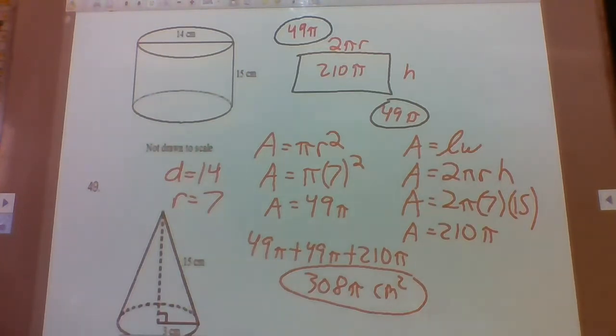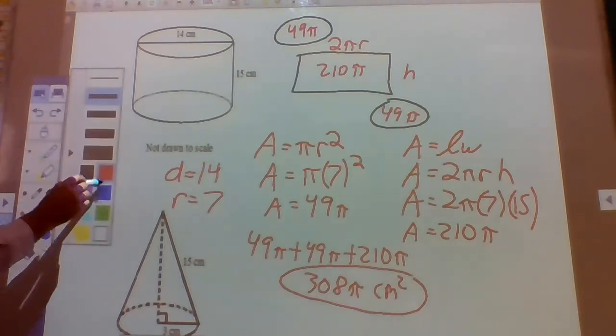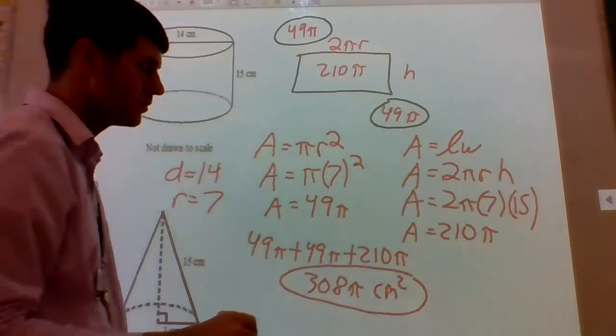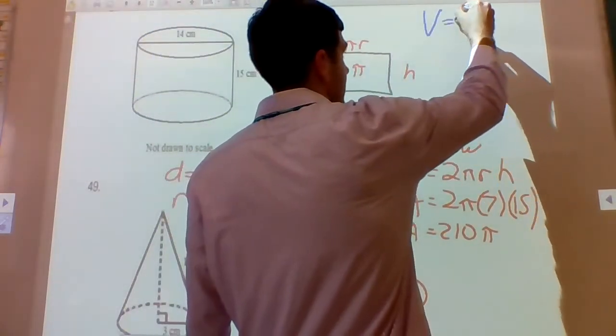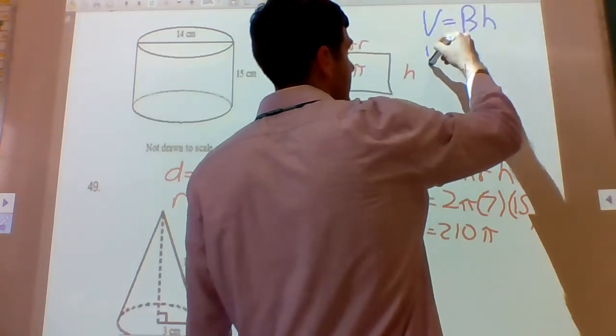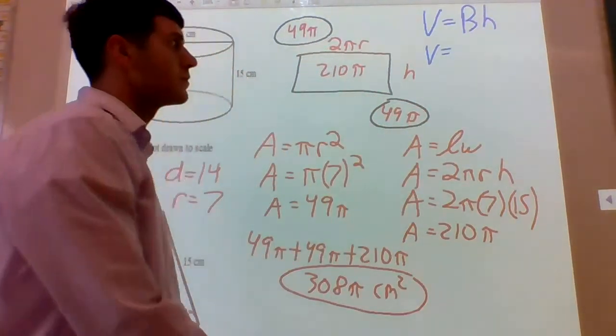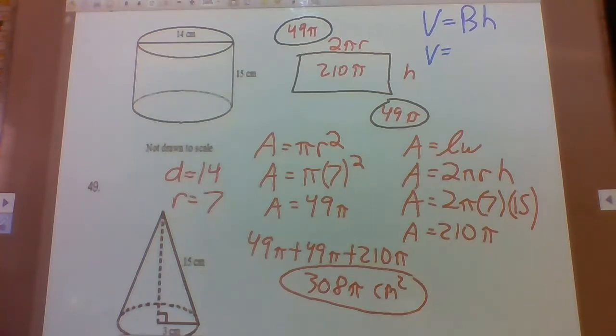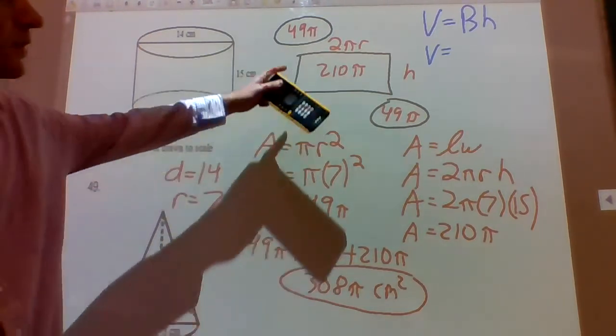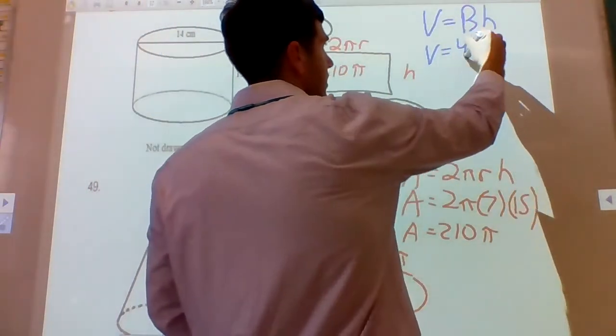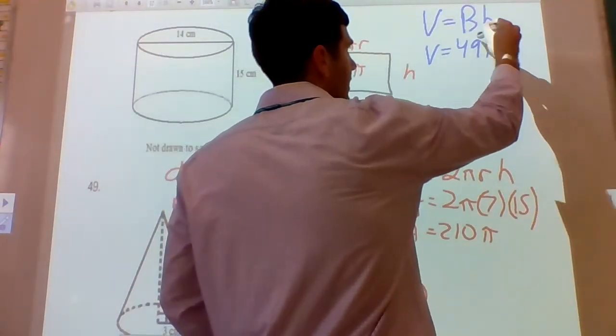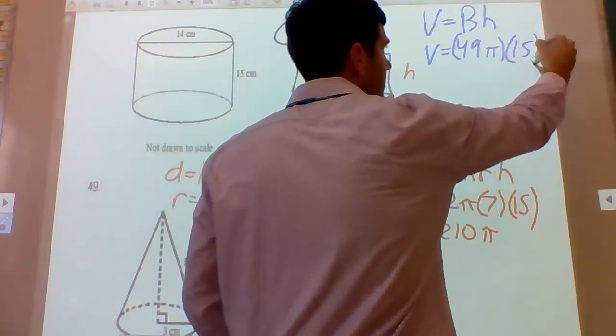Then we want to find the volume. The volume of a cylinder, just like a prism, is the area of the base times the height. We already found the area of the base to be 49 pi, and we have a height of 15.